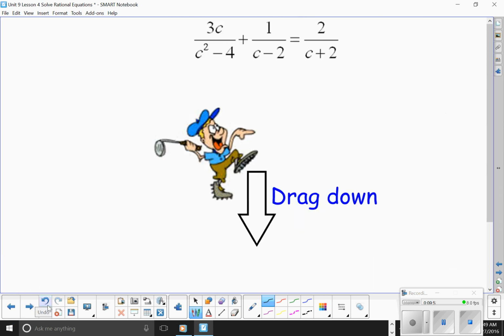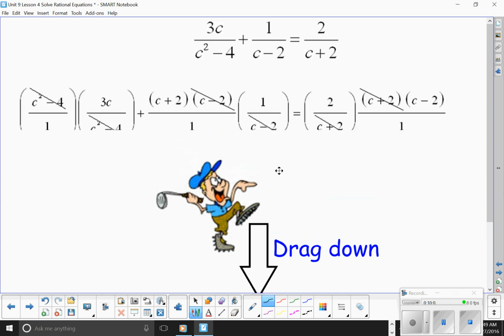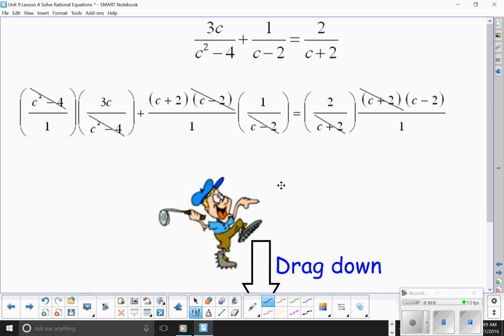All right, what about this one? Go ahead and pause the video and try it. Welcome back. Let's see how you did. Okay, first, you should recognize that c squared minus 4 is your common denominator. But you put it in the factored form when you're multiplying by these other two expressions so you can cancel.